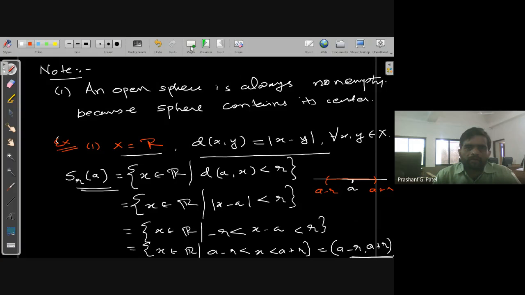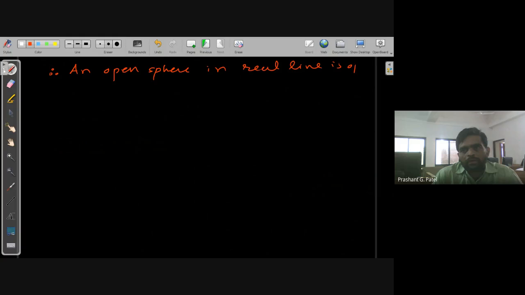We can write this down as a conclusion. Therefore, an open sphere in the real line is an open bounded interval.